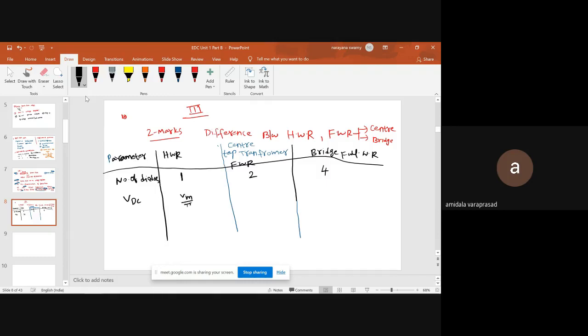For center tap it is 2 Vm by pi, and here also 2 Vm by pi. The next one is VRMS. For half wave it is Vm by 2, and for the full wave circuits it is Vm by root 2, here also Vm by root 2.